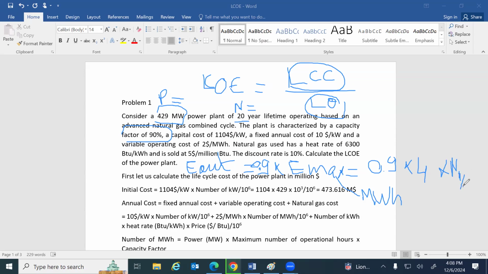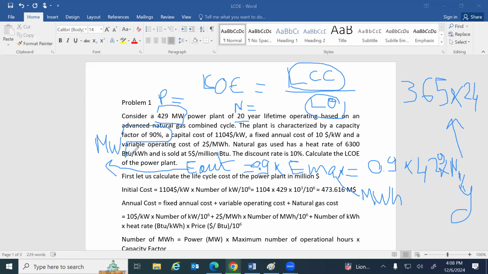So the number of hours per year is 365 times 24. In this way, we'll get the output of this plant in megawatt hour.